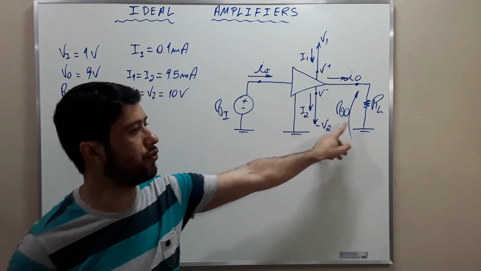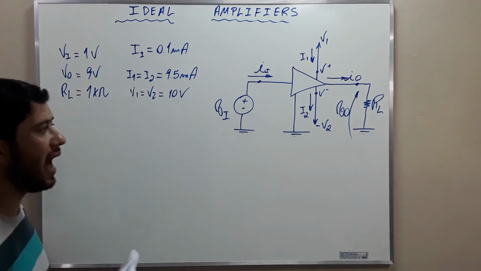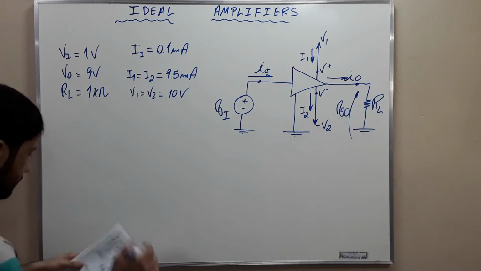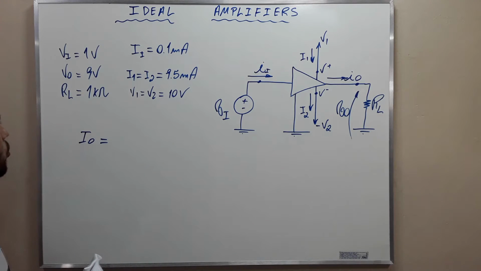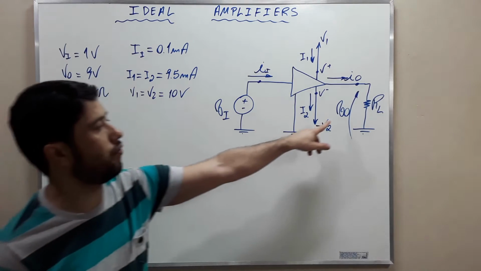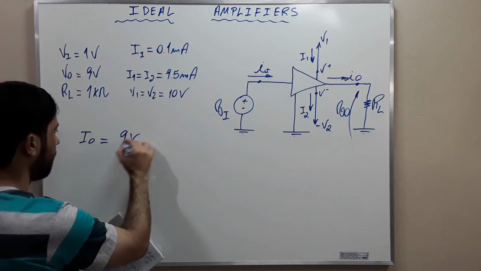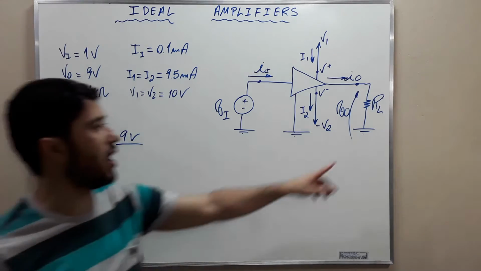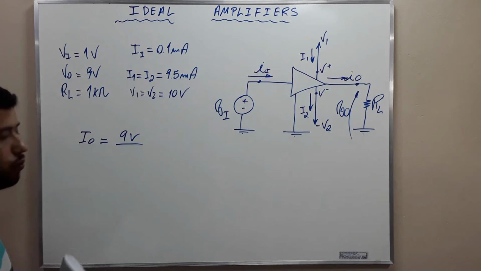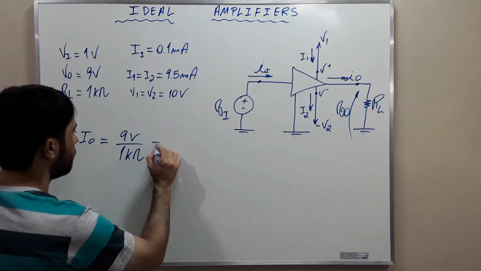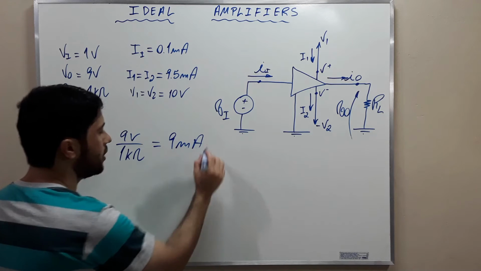We are going to use these values the problem gave us. The output current is going to be equal to the value of the output voltage divided by the value of the load resistance, which is 1 kilo ohm. And then we find 9 milliamperes.